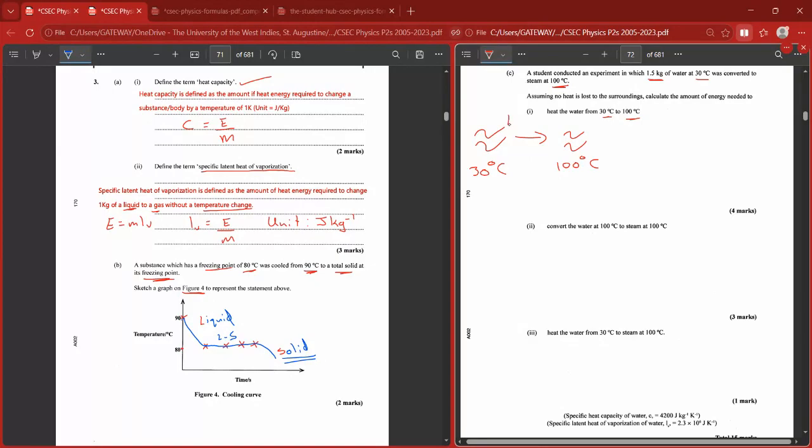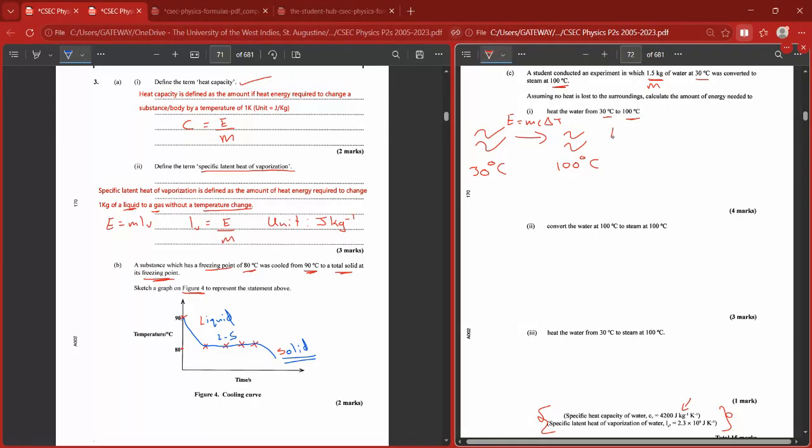We have the formula E is equal to mc delta T. The mass is 1.5. The temperature change will be 100 minus 30. The specific heat capacity of water, look it down here. Some students just forget that data that's given for these particular questions, and they don't use the data. Let's not get confused. The data is given at the bottom of these types of questions.